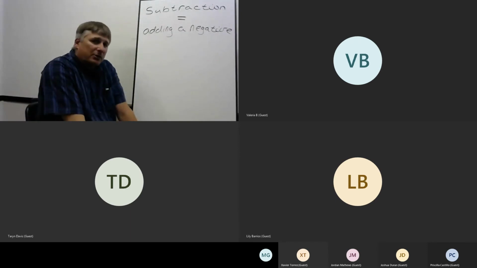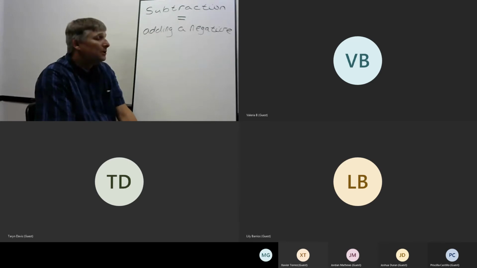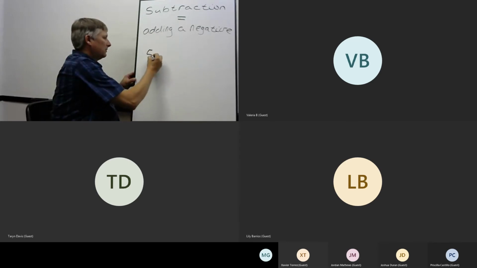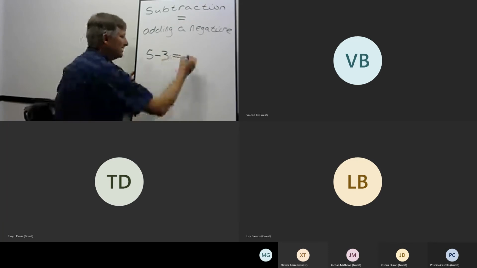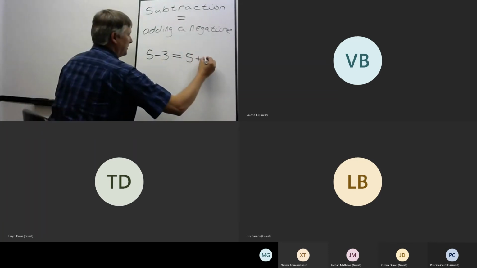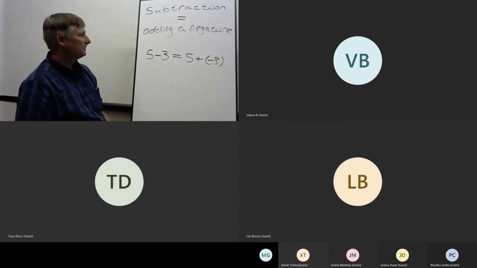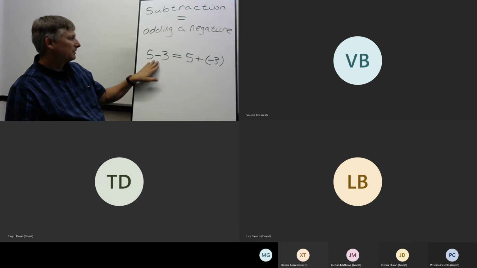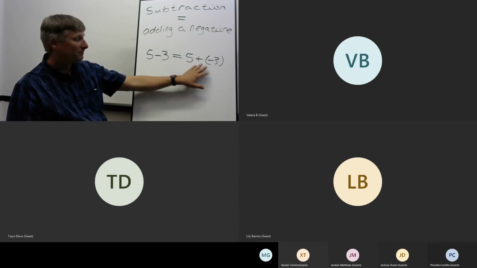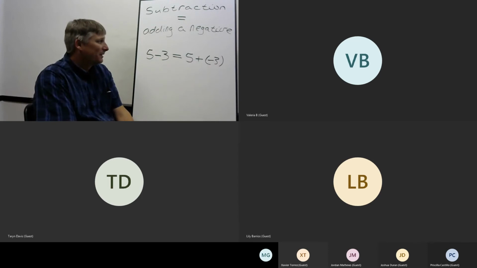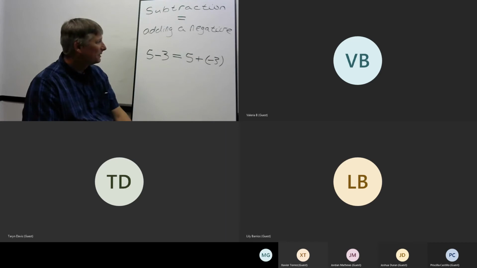We're going to think of subtraction as the same as adding a negative number. So for example, 5 minus 3 is the same as 5 plus negative 3. Subtraction is the same as adding a negative. So we're going to use this so we can add and subtract negative numbers.